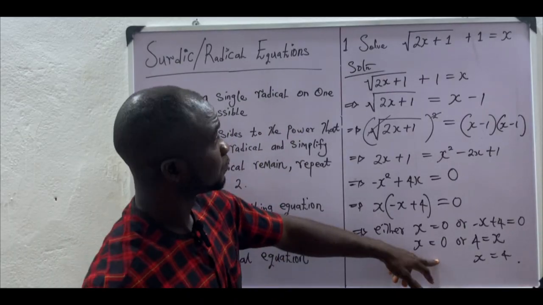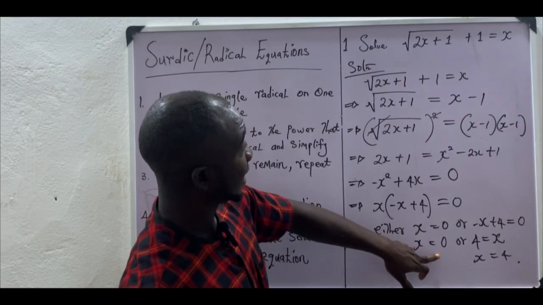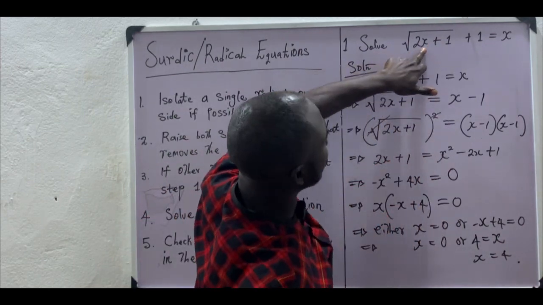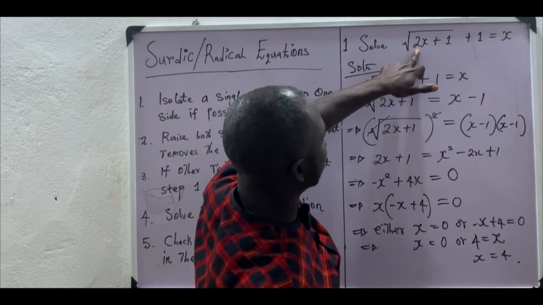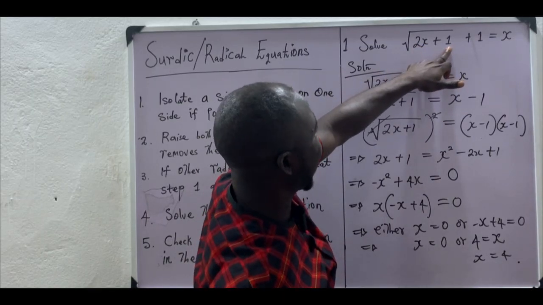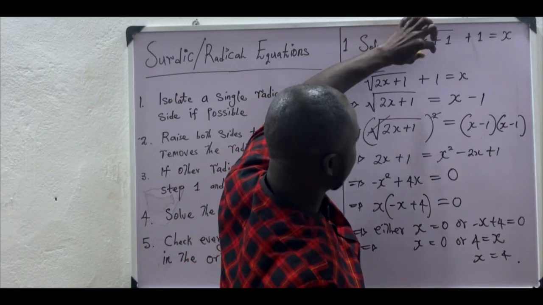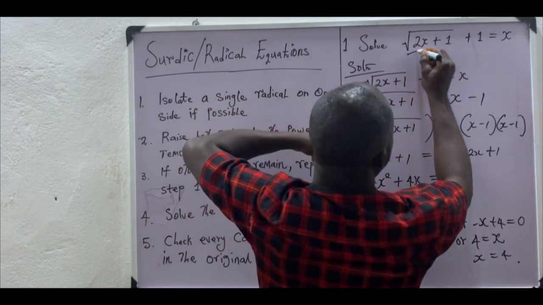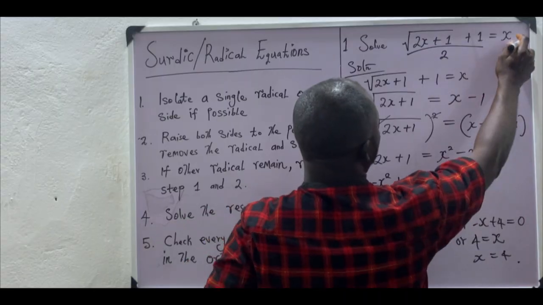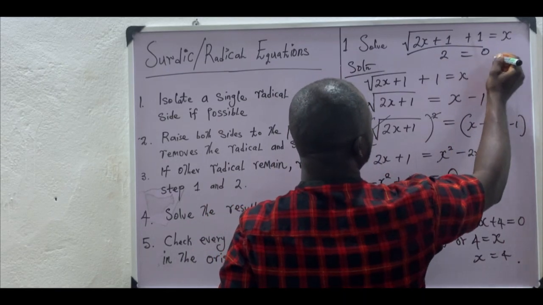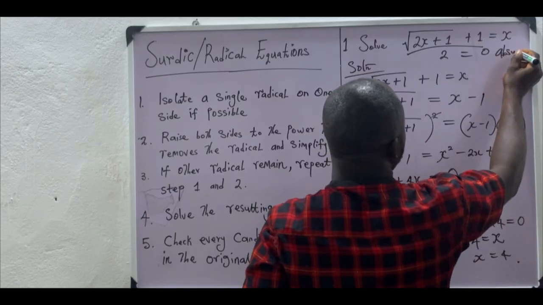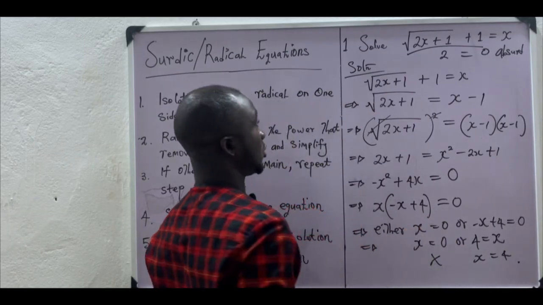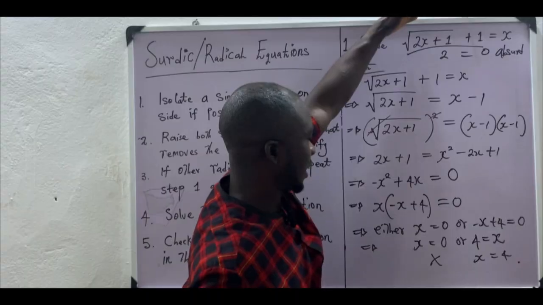Now, if we check these solutions and replace this x here with 0, I'll then have 2 times 0, which gives us 0, then 0 plus 1 gives us 1, and the square root of 1 is 1, then 1 plus 1 is 2. That means that if x is 0, this whole side will give us 2, and here will then be 0. So this is absurd. So our x equals 0 cannot be a solution because it did not satisfy the original equation.